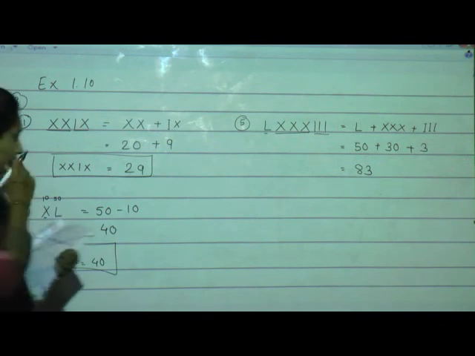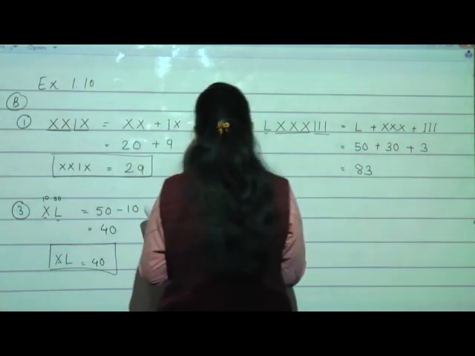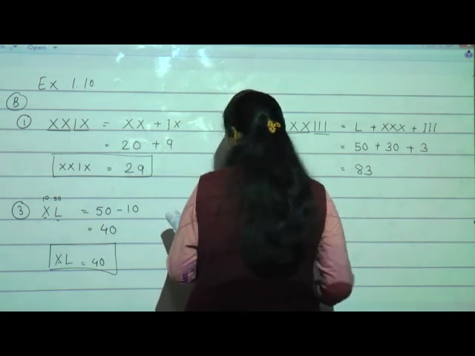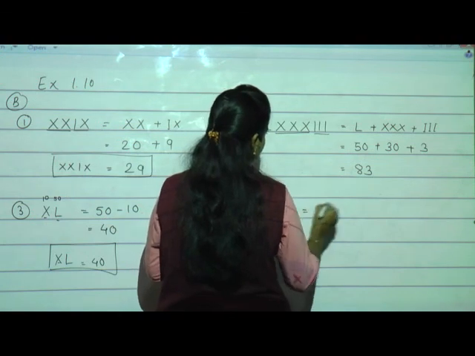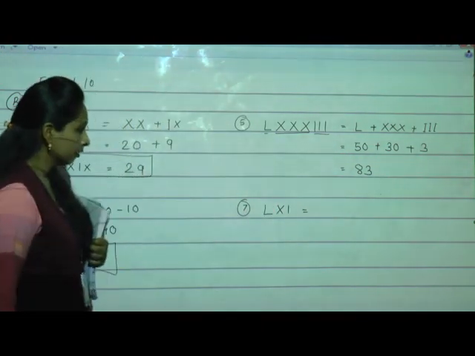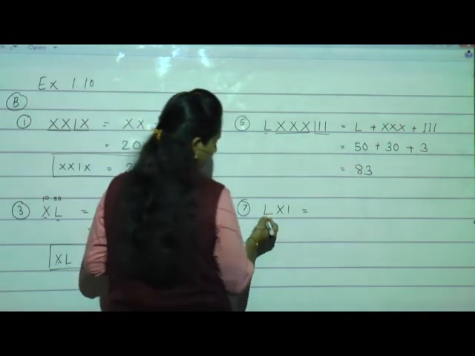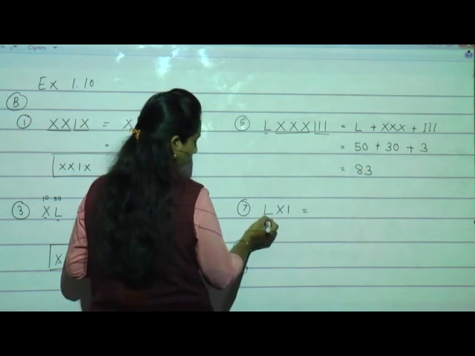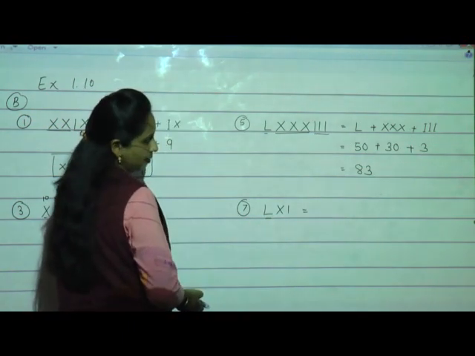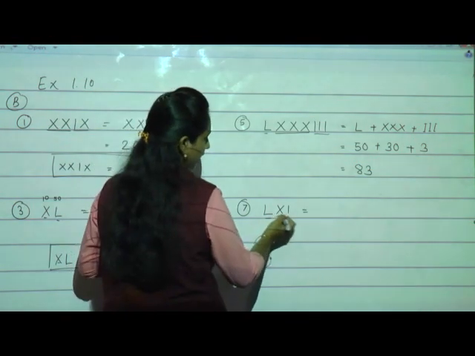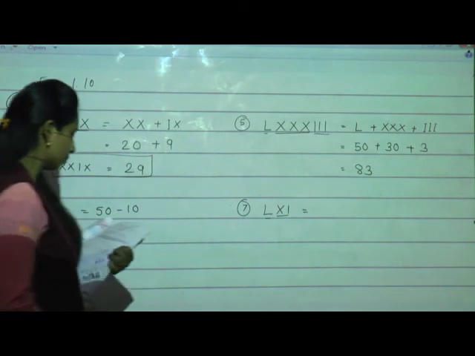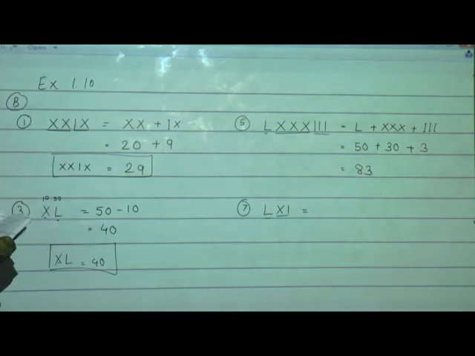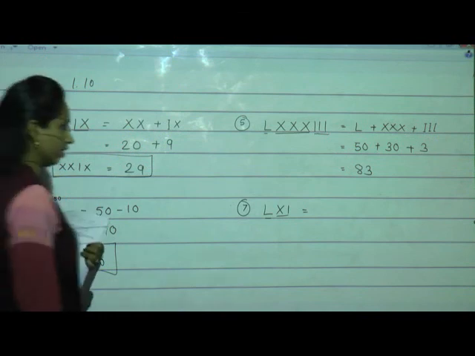Yes, very easy. Now we will take the next example, the seventh one. What is the seventh one? LXI. What Roman numbers can we see in this number? L is there. L represents 50 and XI we know very well. What is XI? Yes students, XI becomes 11.